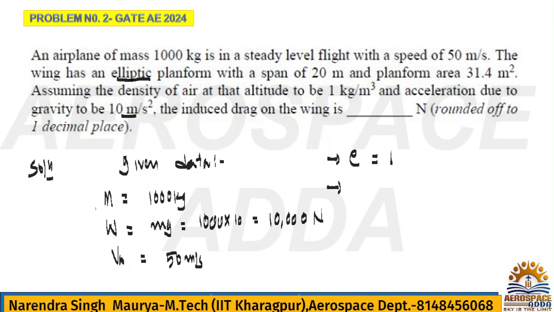Next data they have given: span. Span is denoted by b, and it is given as 20 meters. Planform area is denoted by S, and it is given as 31.4 square meters. Density of air at the altitude, where the airplane is flying, there the density is given as 1 kg per cubic meter.